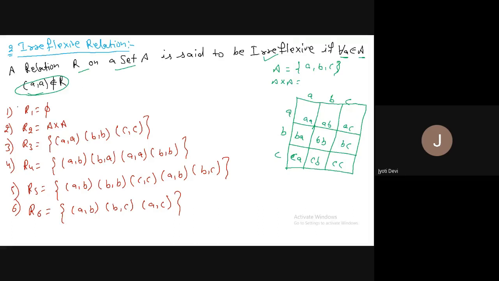So, is the first one reflexive or not? Please tell me the first one. Yes, ma'am. The diagonal element is not allowed. Okay, I will show one thing.